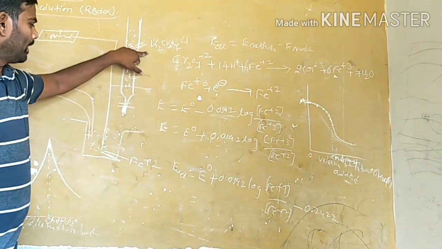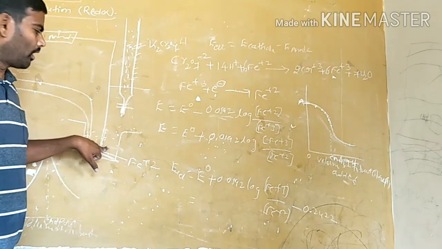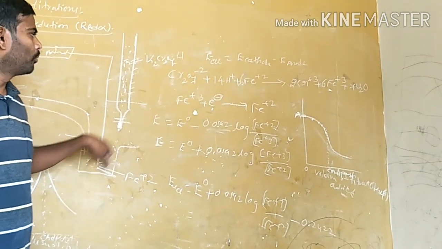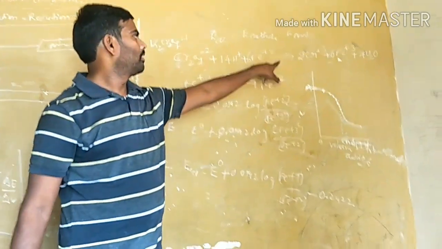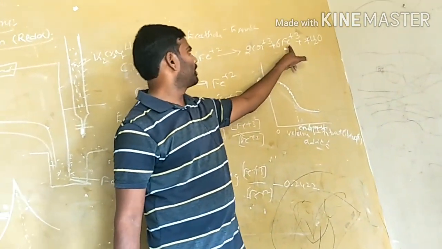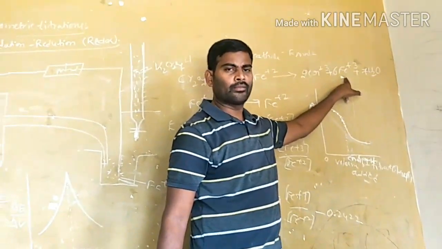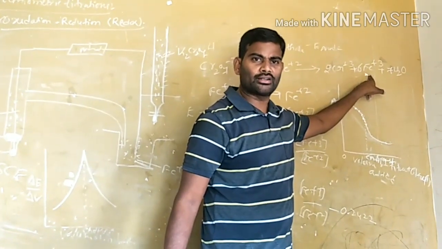Whenever dichromate is added to this ferrous solution, the ferrous ions are oxidized to Fe plus 3, meaning the number of Fe plus 3 ions increases.